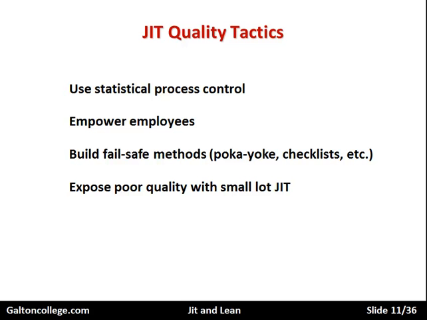It's placing an order every day, so the amounts delivered are a lot smaller. So it's easier to monitor the quality on smaller amounts. It's easier to check them to make sure the components or the raw materials or whatever it is are of good quality, because the quantity delivered is smaller. So checking is much easier.